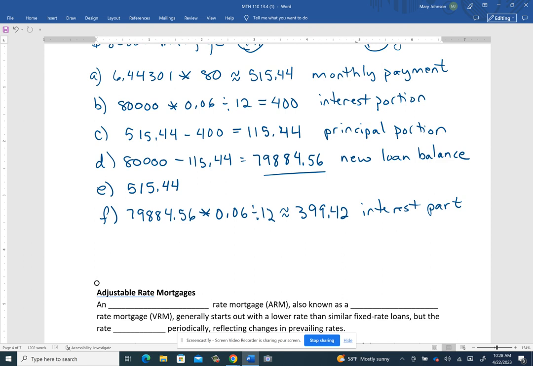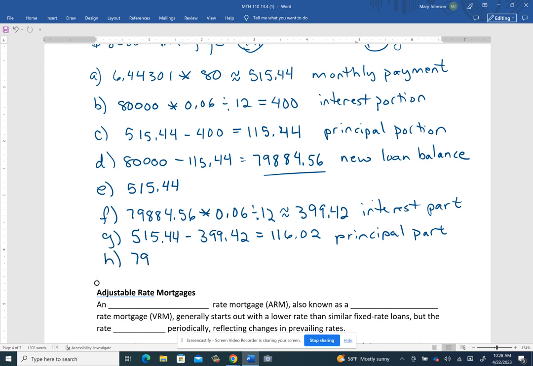during that second payment, which means out of that $515.44, only $116 is going towards the principal. Okay. And then that 116 would go towards paying off what you owe.